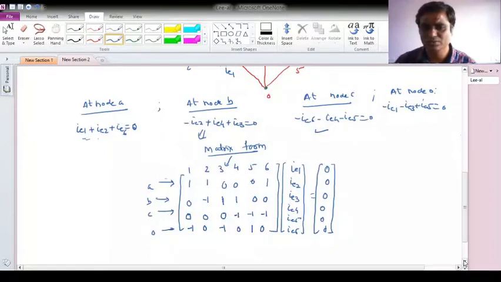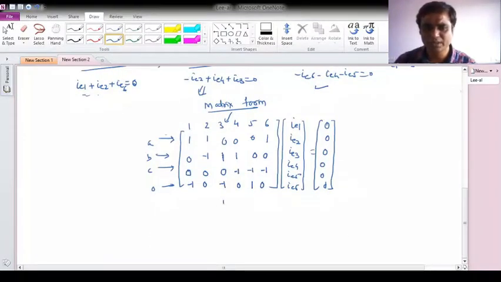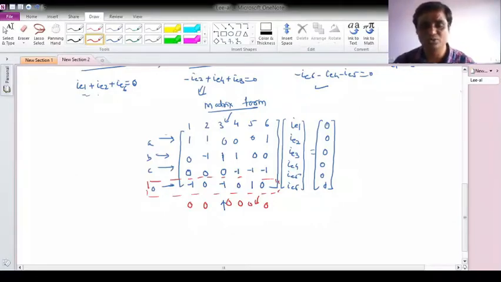Now I have expressed it in matrix form. What I observe is that this last row, at node O, is of no use, because if I add column-wise, the first column sums to 0, the second column 0, the third 0, the fourth 0, the fifth 0, and the sixth is also 0.